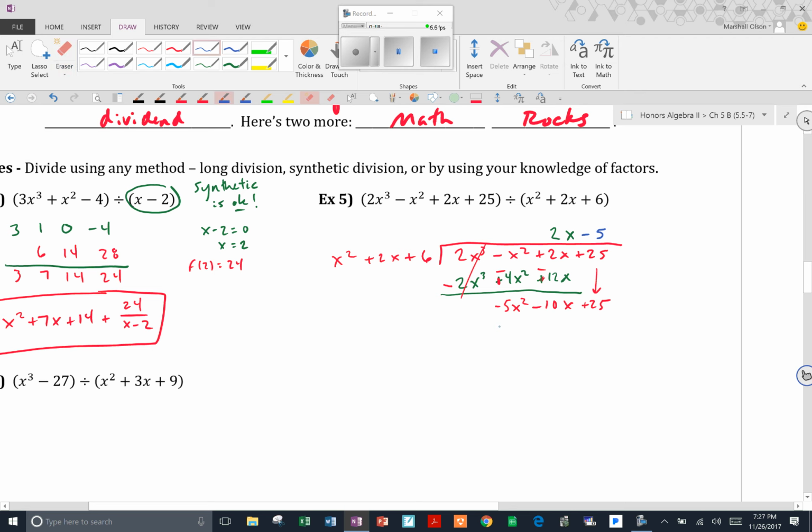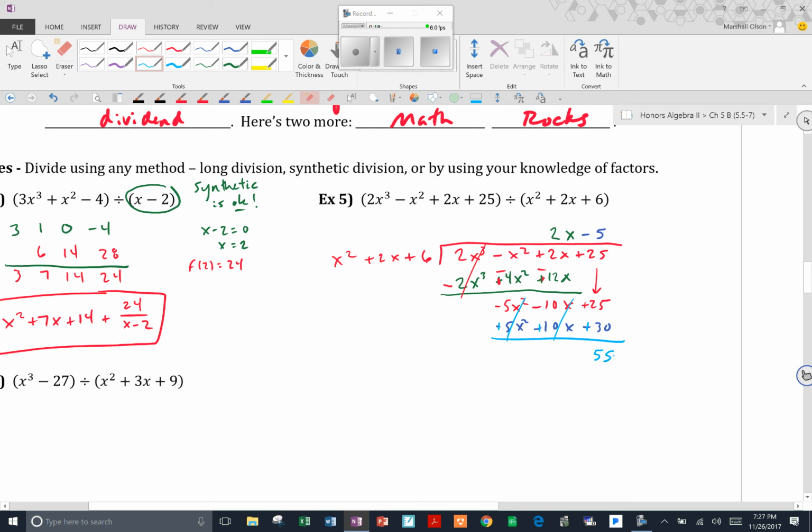Negative 5 times x squared is negative 5x squared, minus 10x. And then negative 5 times 6 is negative 30. But now we've got to change all the signs. We're going to subtract, so this is going to become plus, plus, plus, because we're essentially subtracting that. Now we can just combine them. Those cancel out. These happen to cancel out too. And we get a remainder of 55.